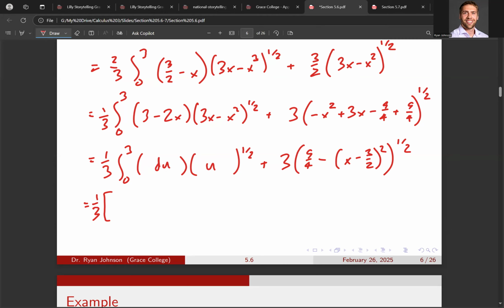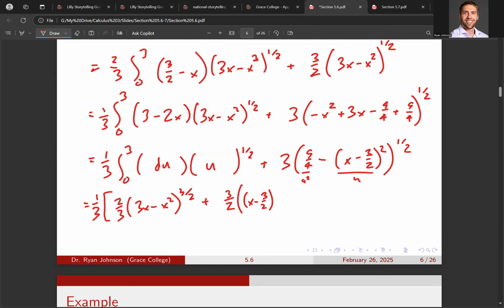And so then I get u to the 3/2 times 2/3, and u is 3x minus x squared, to the 3/2, and then plus 3/2 times x minus 3/2. That's my u. So now that's u, and that's a squared.